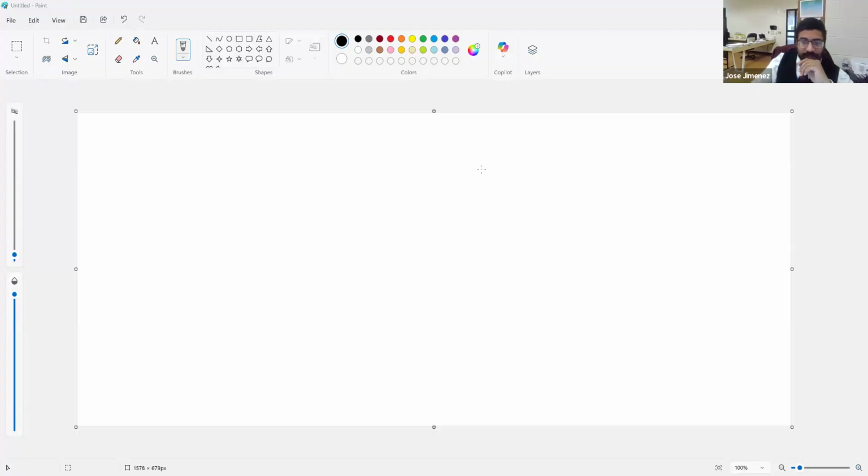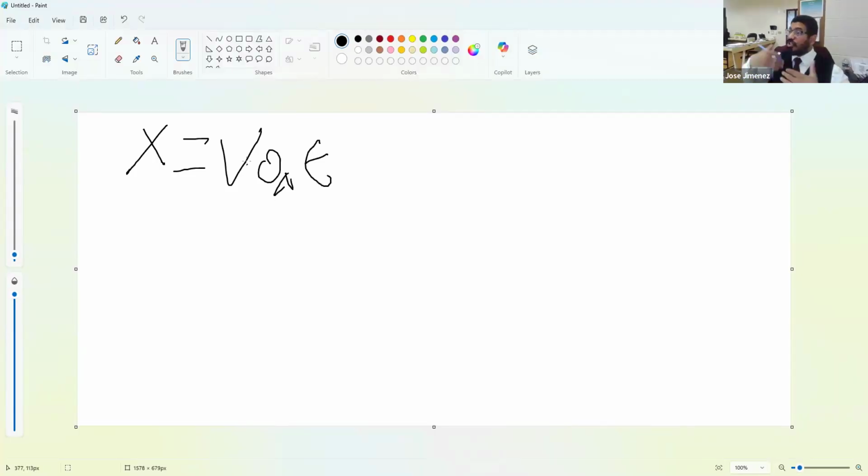We have x equals v naught x t. V naught just means the initial velocity at which we're throwing the projectile. So when we take our arm and we're ready to throw it, this is the initial velocity. It's not moving whatsoever as of yet.